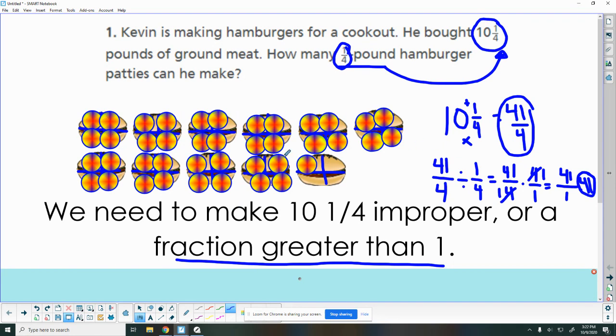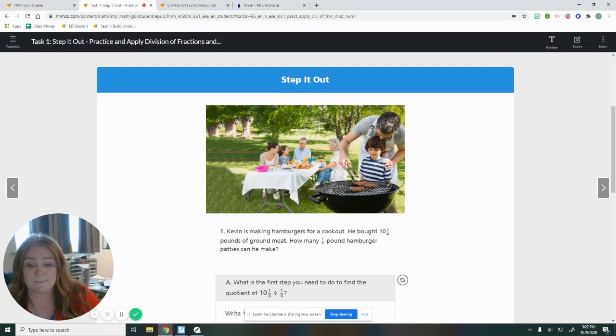So we can do it with a picture or we can do it mathematically. If we're doing it mathematically, the first thing we've got to do is make the mixed number improper. Then we set up our problem, use the reciprocal, so multiply by the flipped number here, and then finish our problem. So let's go ahead and look at task number 1.